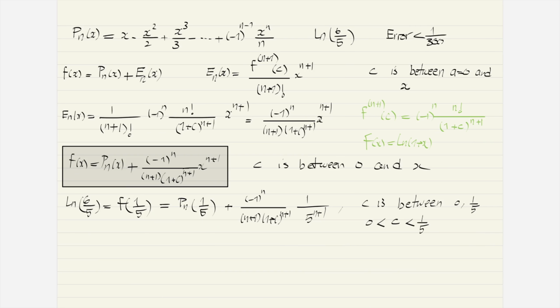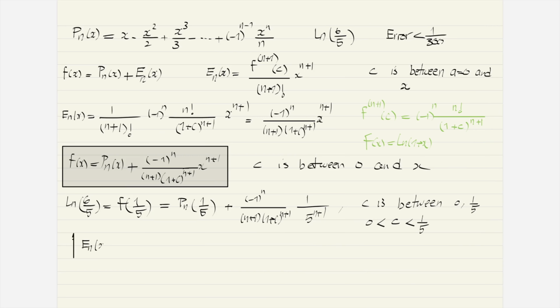Okay. But now, my goal, of course, this is the approximate value. But still, I don't know n. So I use this part of the information of the problem. I want to make the absolute value of my error less than this number. So let us see what happens. So if I take the absolute value of my error, which is this one, let me write it like this.